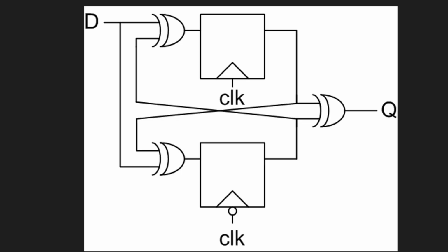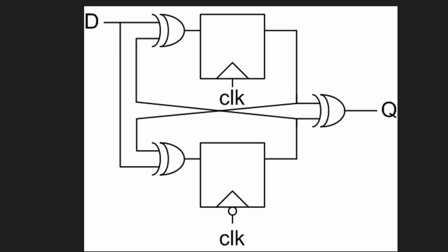So here is the circuit diagram of a dual edge flip-flop. Here you can see that we are using separate flip-flops for both the edges. Let's assume that the upper one will be used for the rising edge and the lower one will be used for the negative edge.